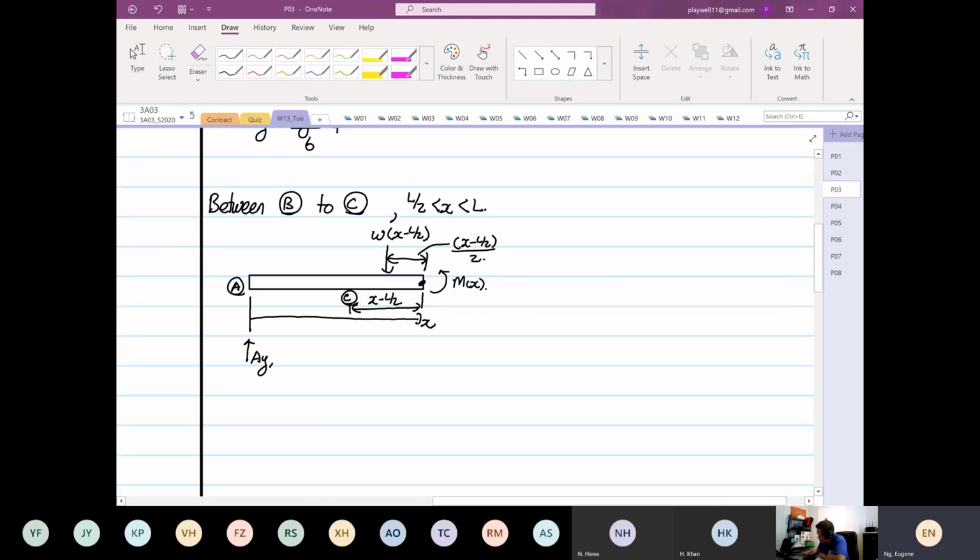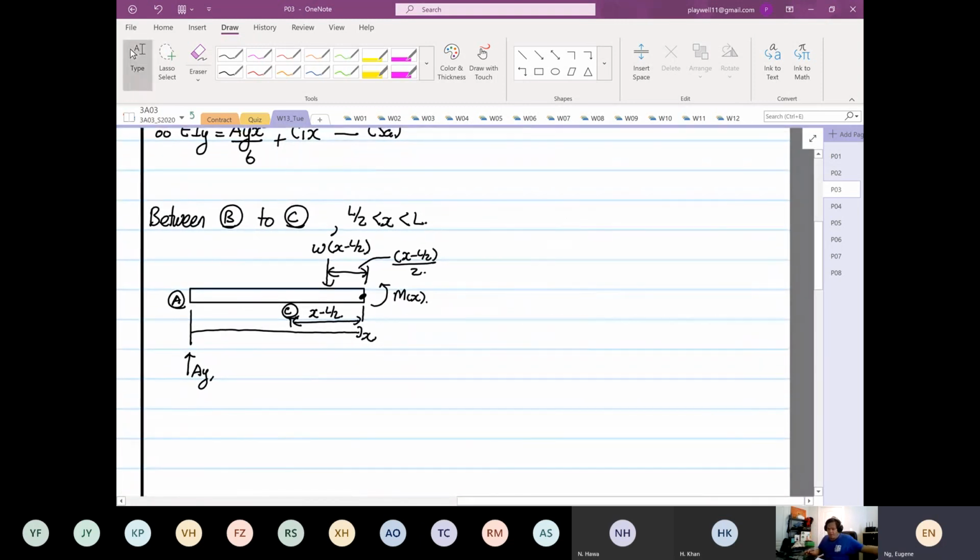So from here, we're going to form another set of equation. So by taking moment again at point x, where the dot is, I'm going to highlight the dot. This is where I'm taking my moment from. The whole thing will be equal to 0.